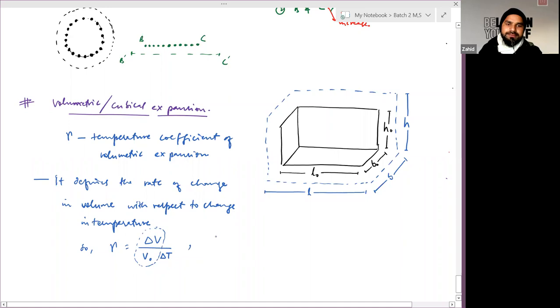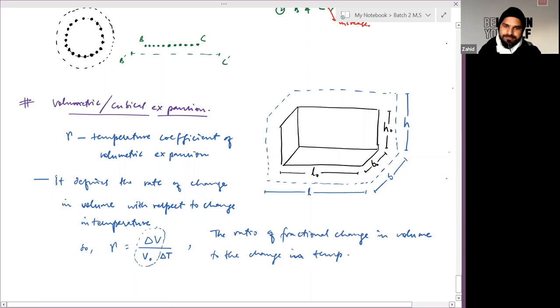So gamma is the ratio of fractional change in volume to the change in temperature.